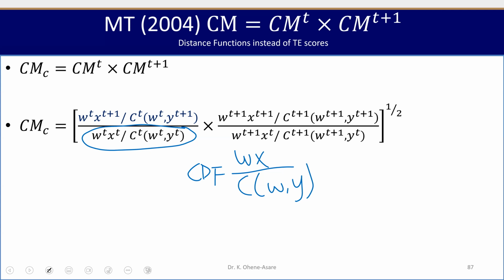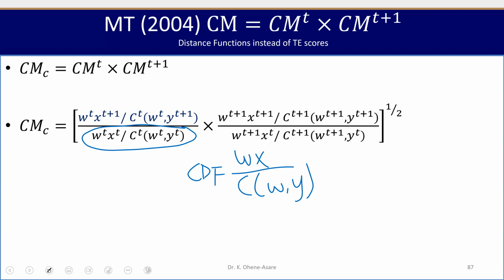Here, which ones do you use to determine the DMU? The C superscript T defines the frontier, and the X and Y define the DMU. You forget about the superscript for now. Which ones determine the frontier? Which one determines the DMU?